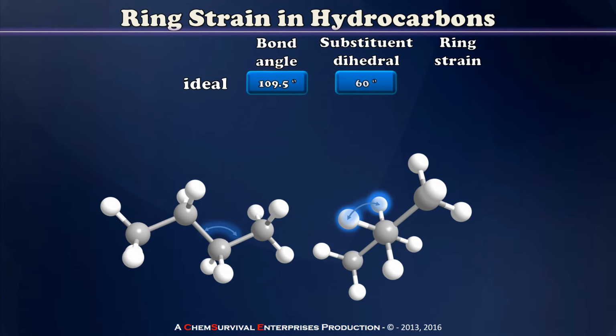So in this case, when the molecule is free to twist, rotate, and flex any way it chooses, it can obtain these ideal angles, and therefore is expected to have no ring strain whatsoever. Shouldn't be surprising because it's not a ring, right? Now let's take a look at some of these small hydrocarbon rings and see what contributes to their instability.